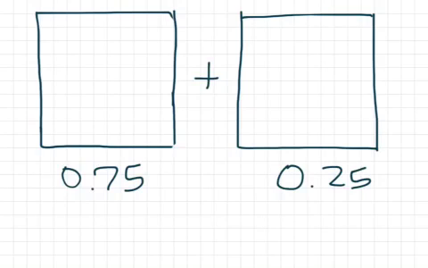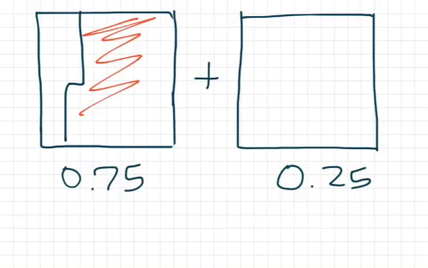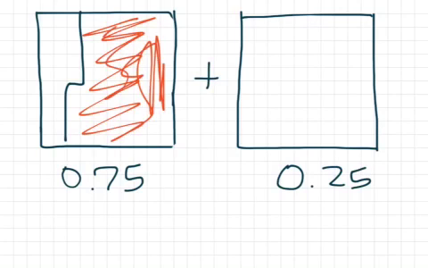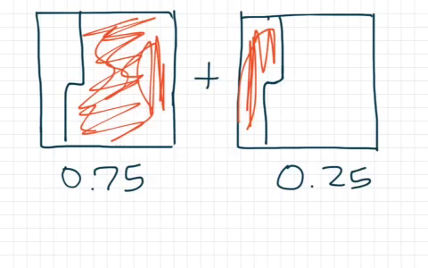So we color in, and we can see that there's 75 hundredths, and if we draw it here, this is the rest. It's another 25 hundredths. So 75 hundredths plus 25 hundredths equals 1.